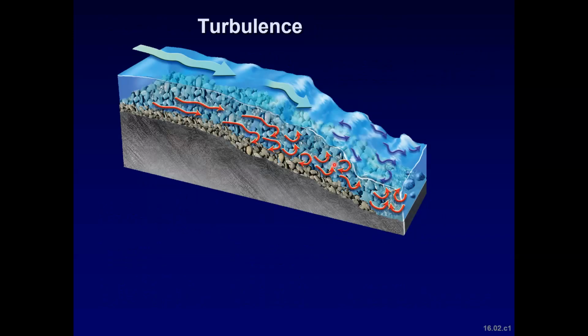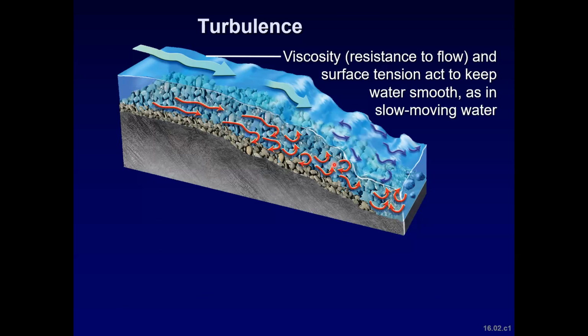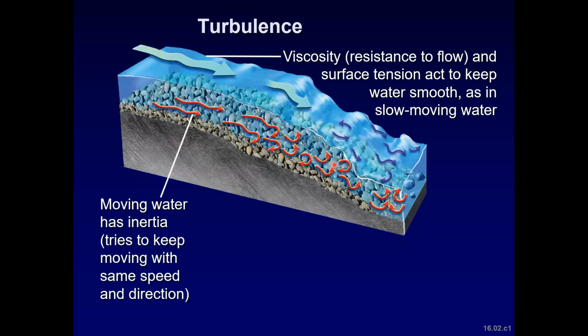Let's look at turbulence a little closer. Remember that viscosity is the resistance of something to flow. So viscosity and surface tension actually act to keep water smooth, as in slow moving water is pretty smooth. But moving water does have some inertia.